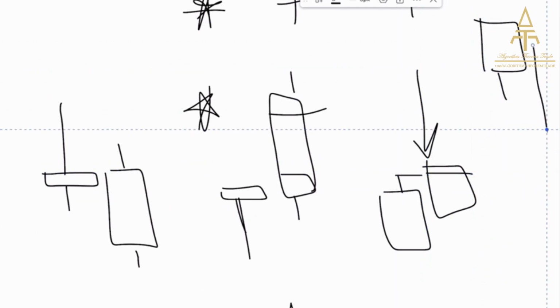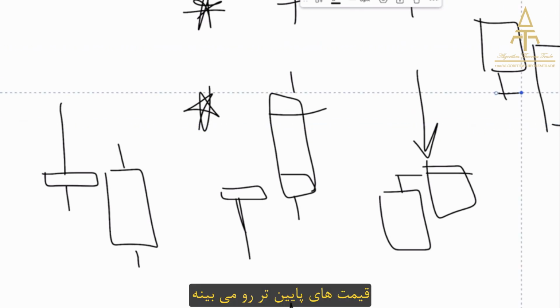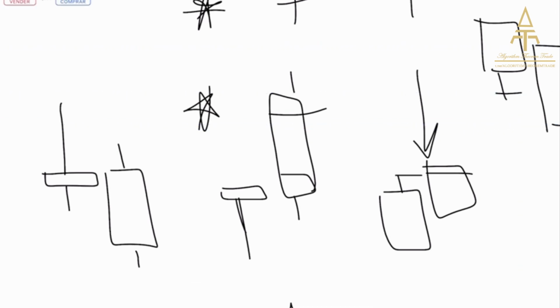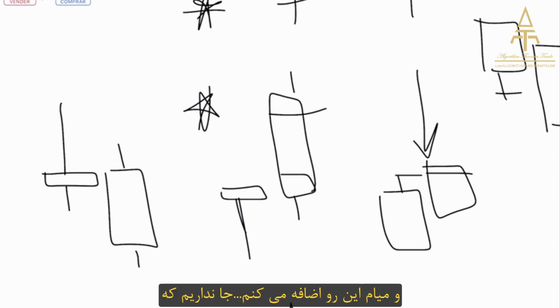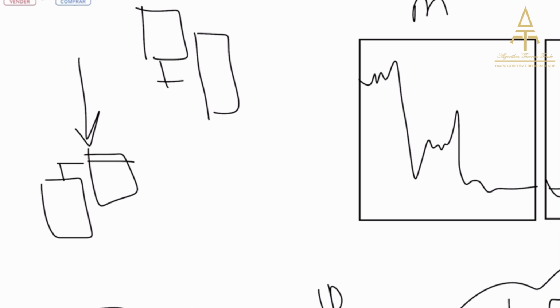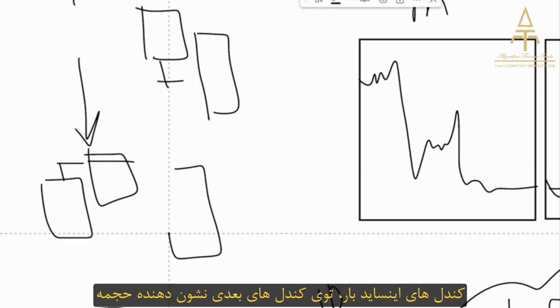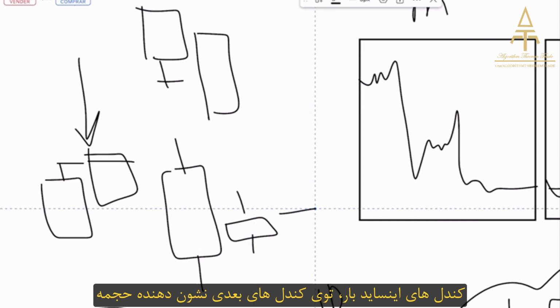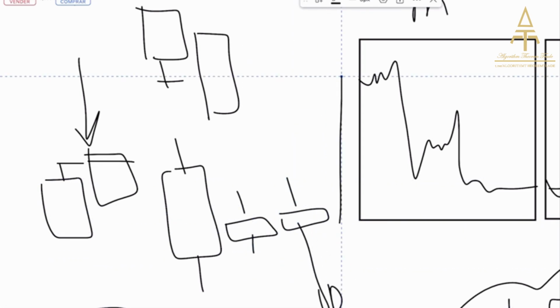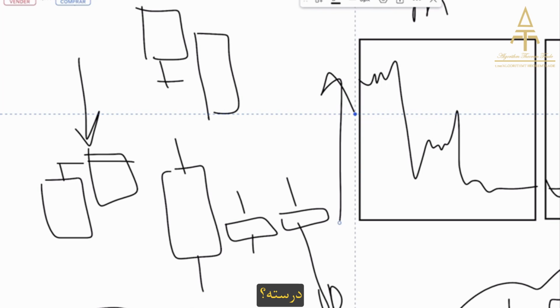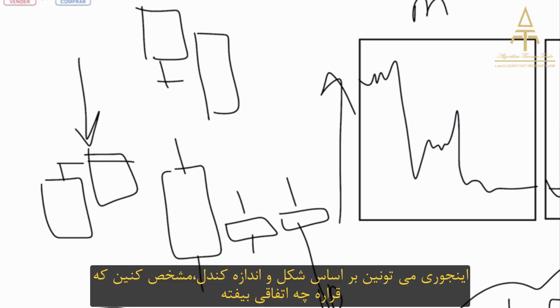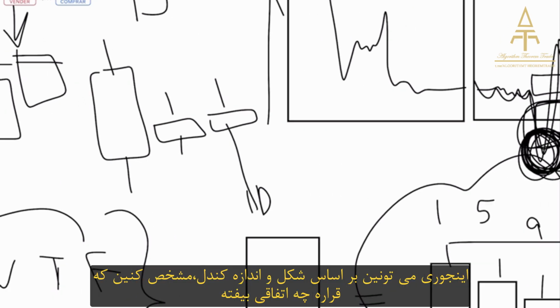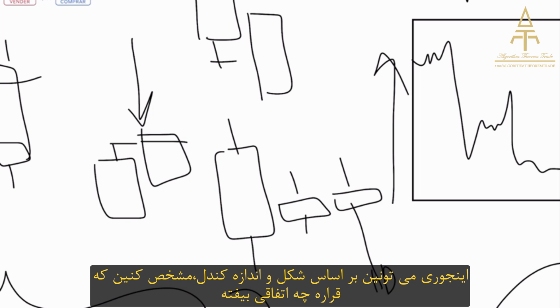Close below, lower prices. Right? And I'll add in CRT Unlocked, inside candles equals volatility in the next candles. All right? That's how you determine what's going to happen next based on the candle shape and size.